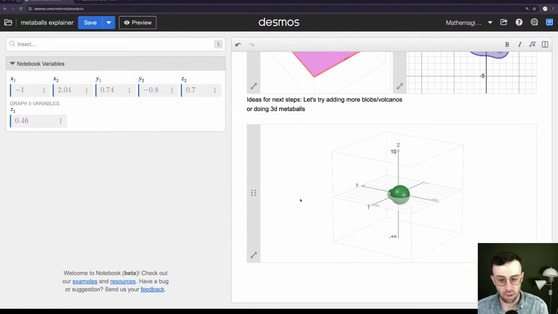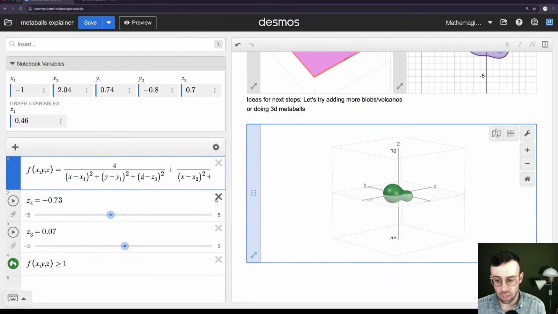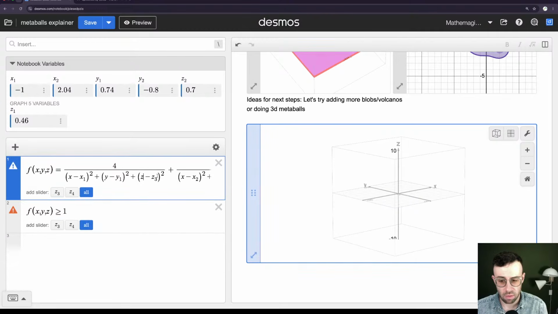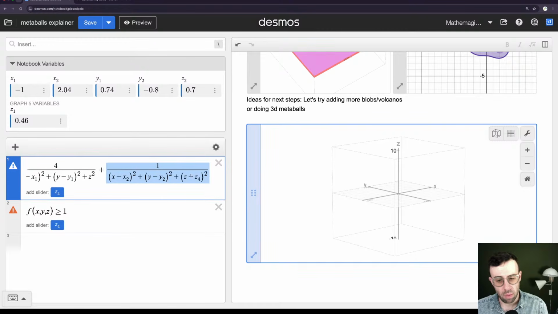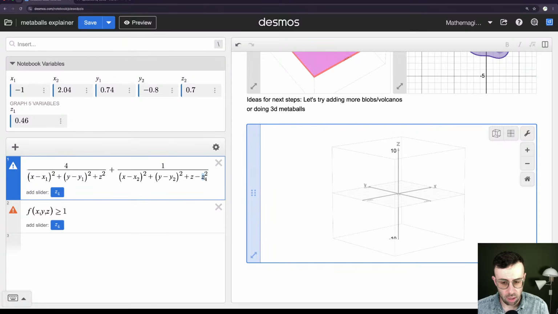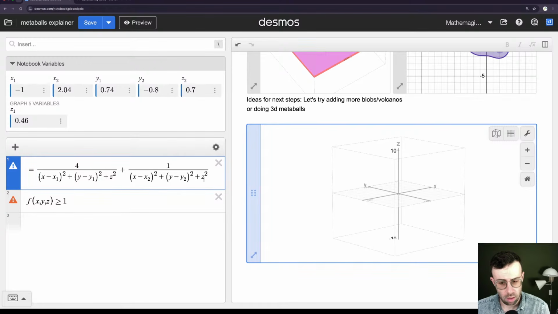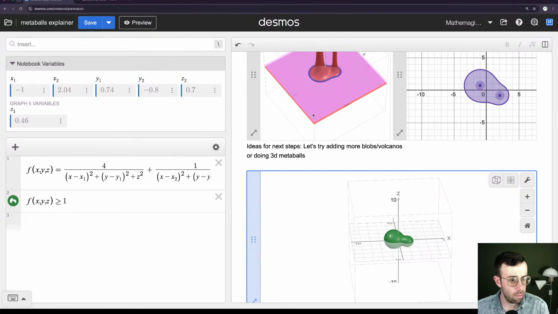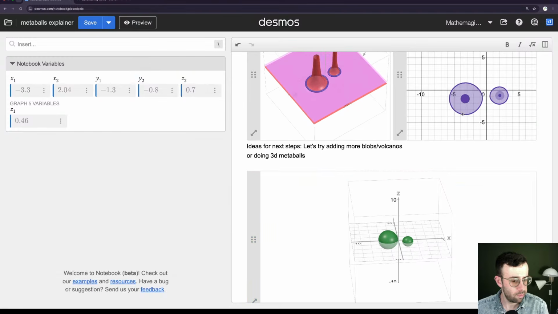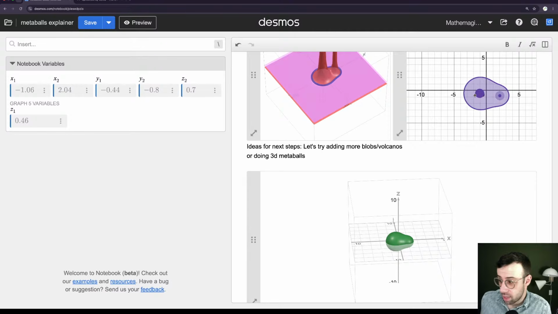Well, this is kind of fun. So maybe I don't even need Z3 and Z4. I could just keep them on the XY plane. It looks kind of cool.